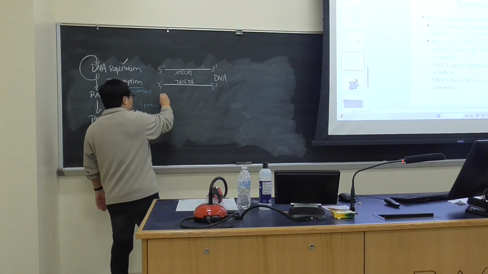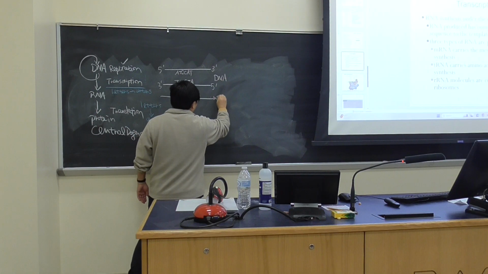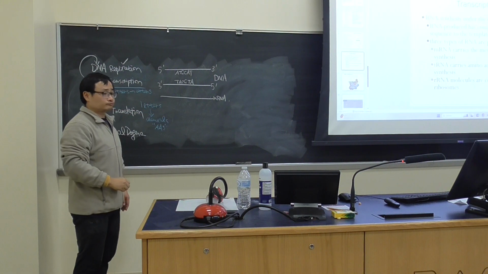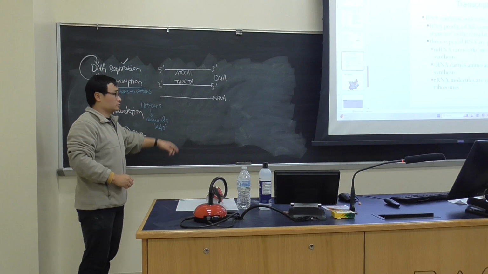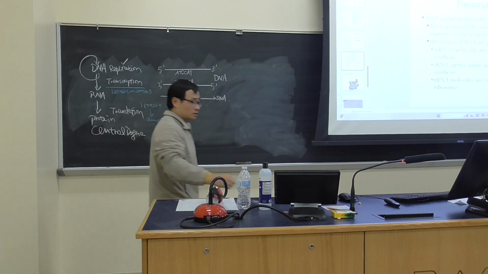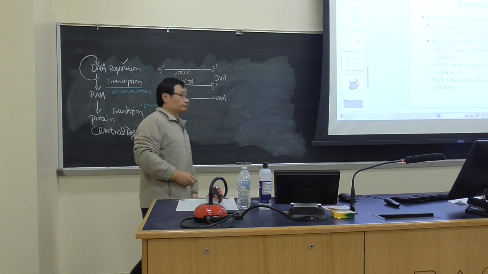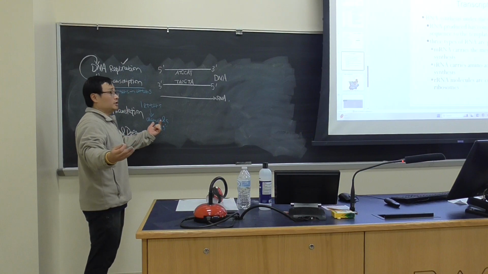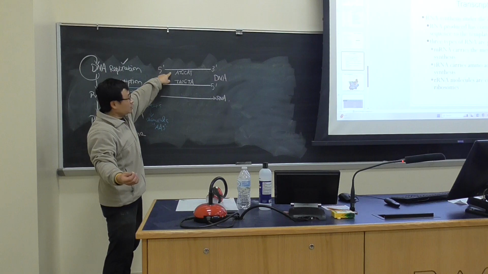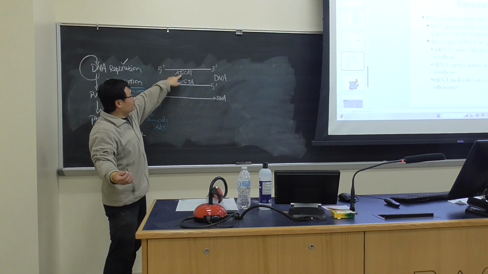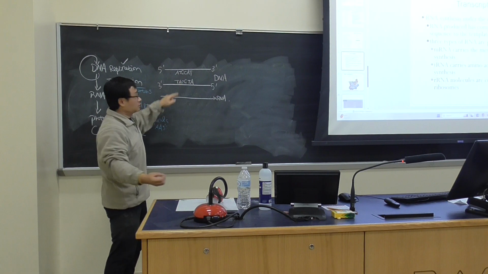Okay, what is the sequence of the mRNA? That's called transcription. The first one was called replication; this is called transcription. What is the sequence? Exactly the same as the top strand. The only difference is that instead of thymine, I have uracil.